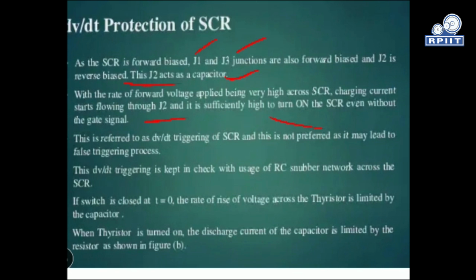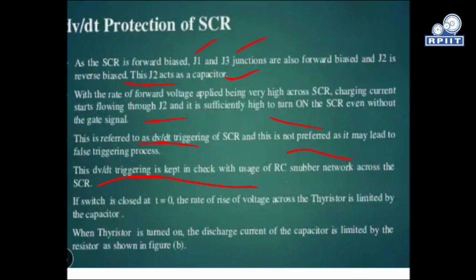This is referred to as dv over dt triggering. It may get worse if dv over dt is increased to a high level, and that will damage the circuit by flowing high current through the thyristor.